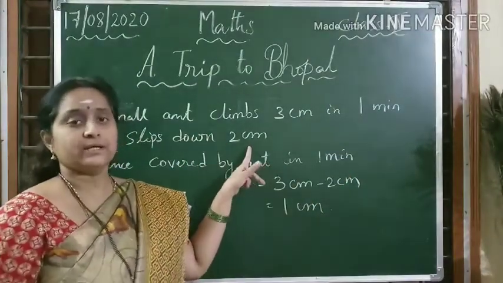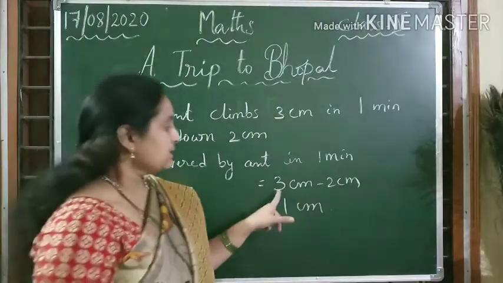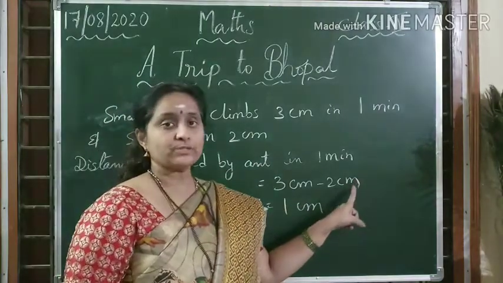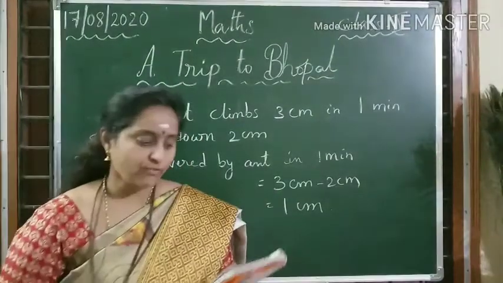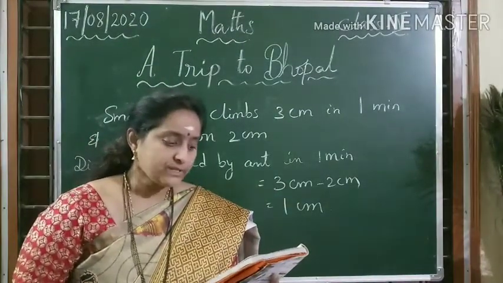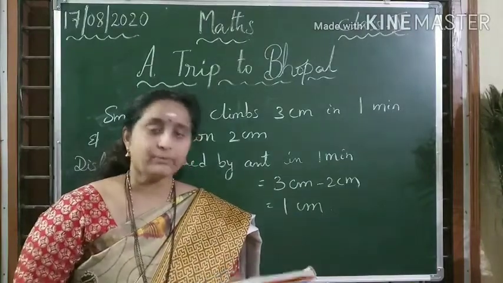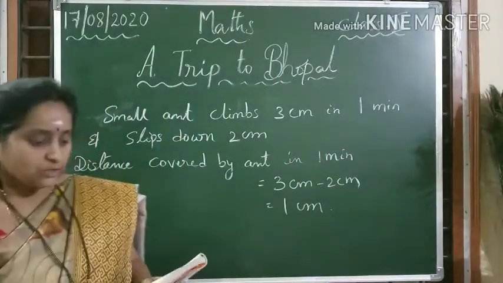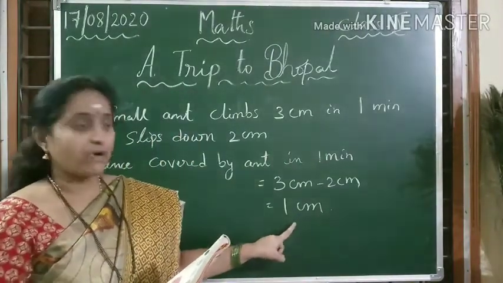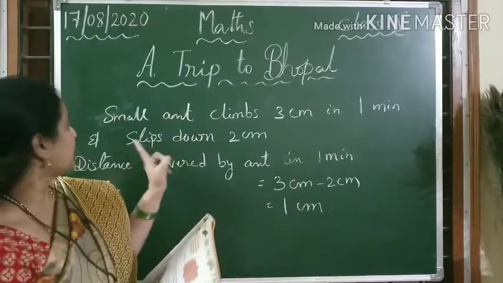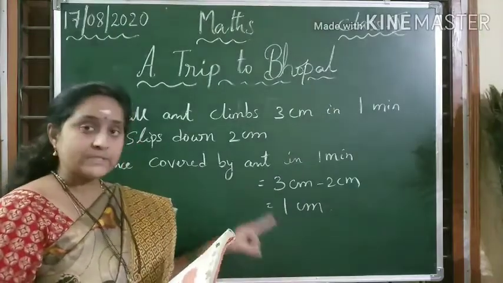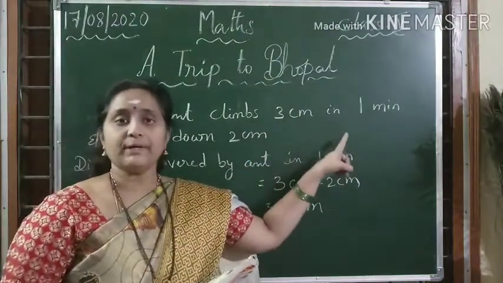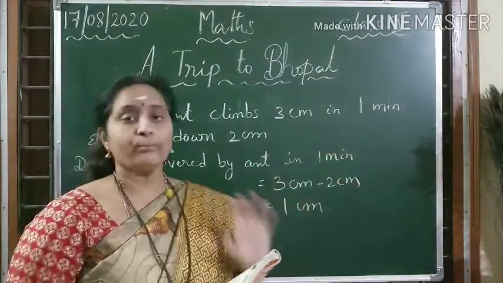That means the distance covered by the ant is 3 centimeters minus 2 centimeters, which is nothing but 1 centimeter. We need to find out how much time it will take to climb 2 centimeters. So to climb 1 centimeter, how much time is it taking? 1 minute. So to climb 2 centimeters, the time taken by the ant is 2 minutes.